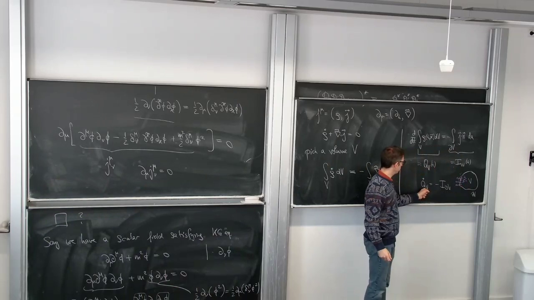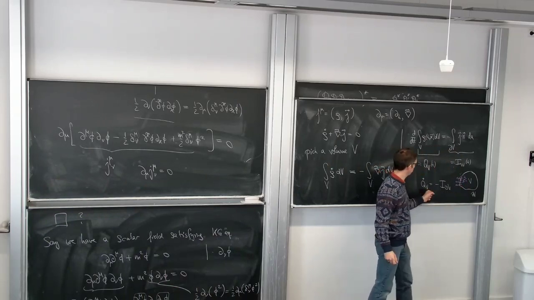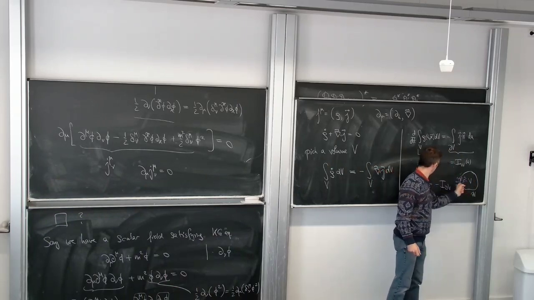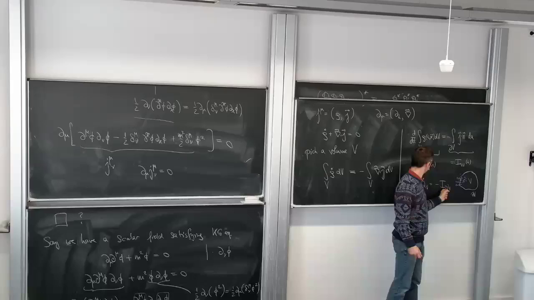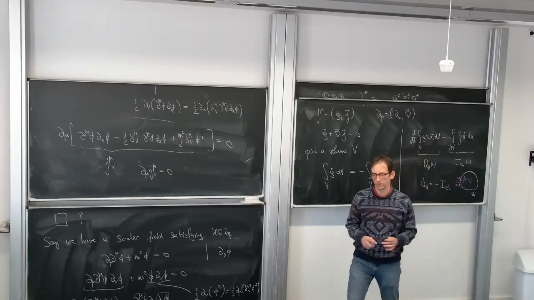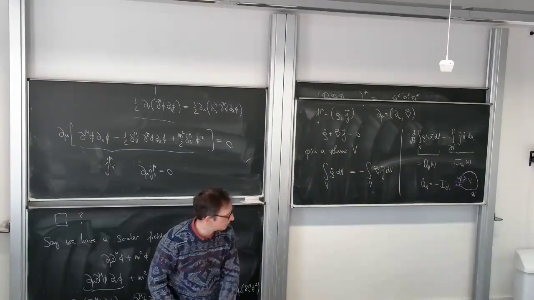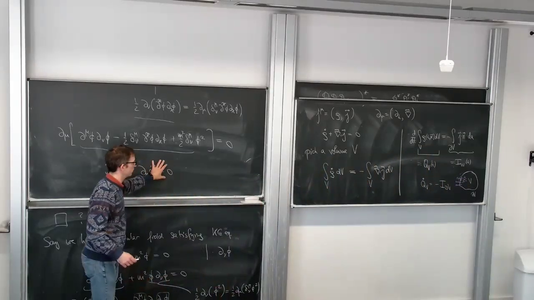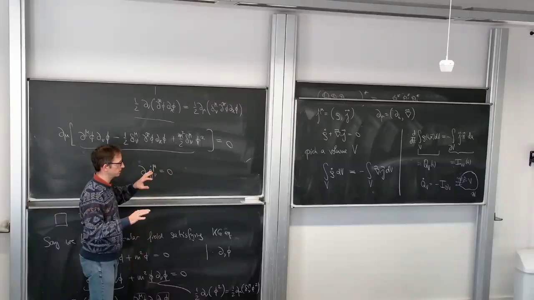The change of the total quantity inside is equal to the current, which is stuff per time flowing through the boundary, and the minus sign means if something flows out, it gets less in the middle.